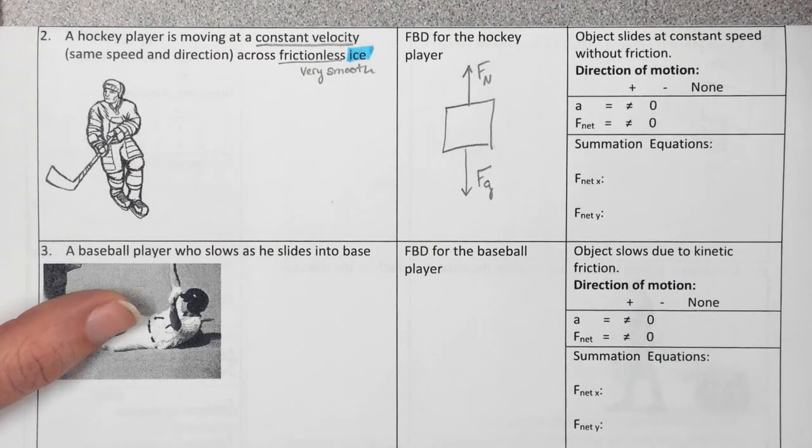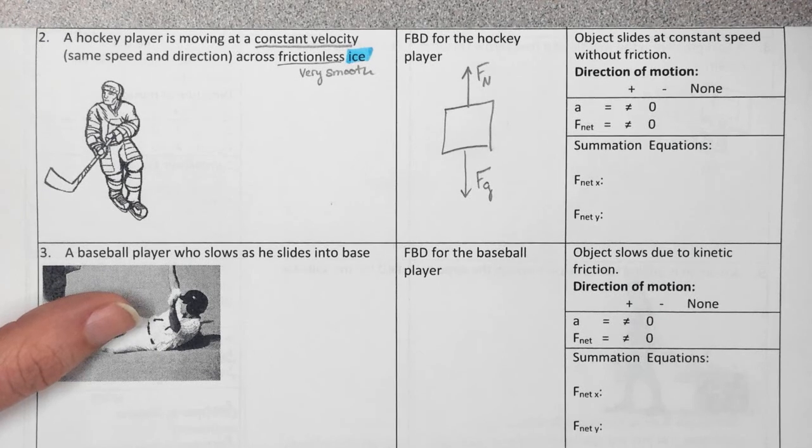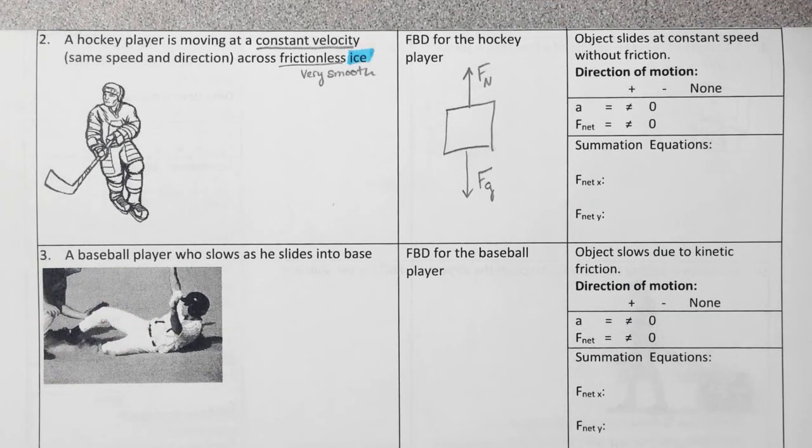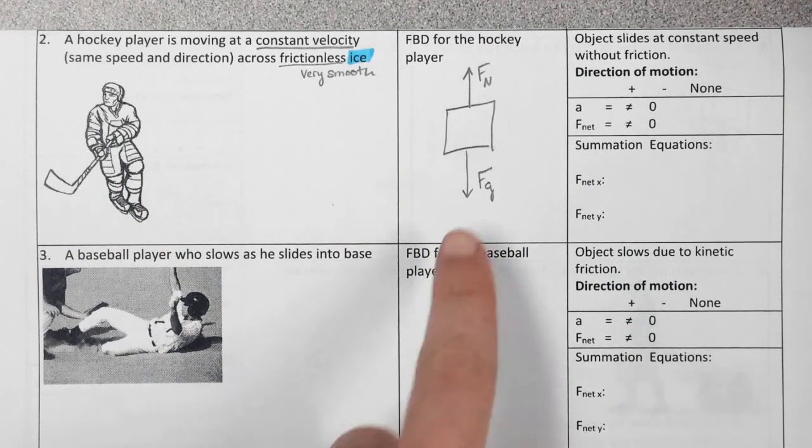He's moving at a constant velocity. So constant velocity tells us there's no outside force to make him get faster, and no outside force to make him get slower. So in this case, he's moving at a constant speed.